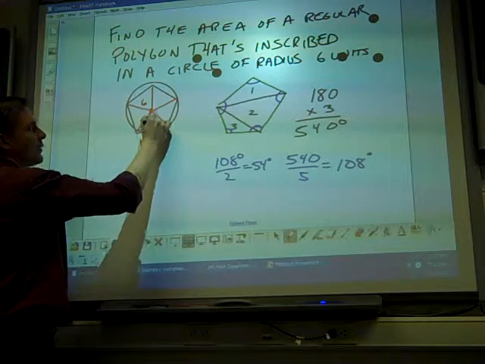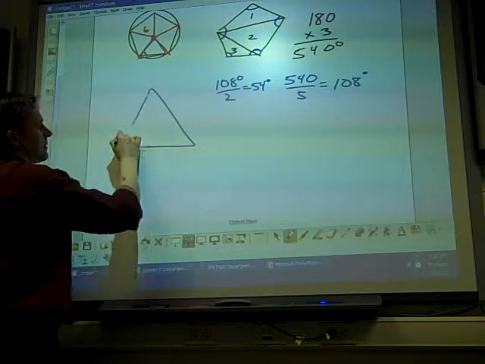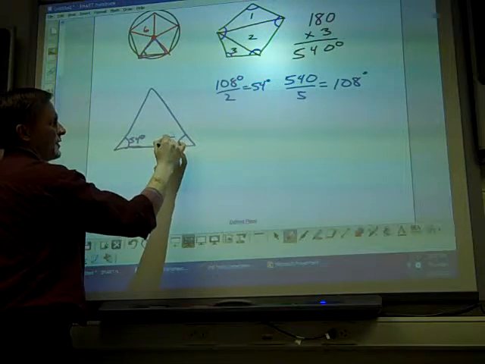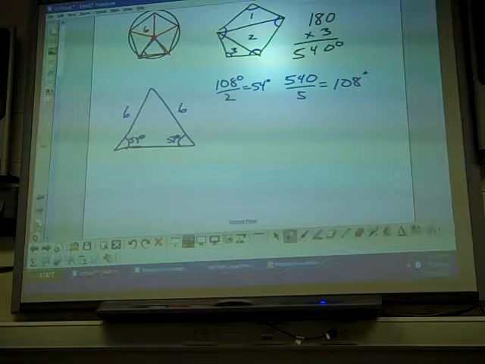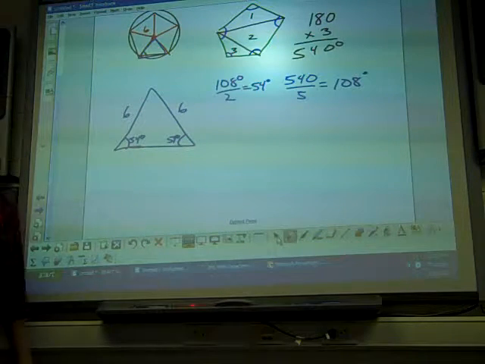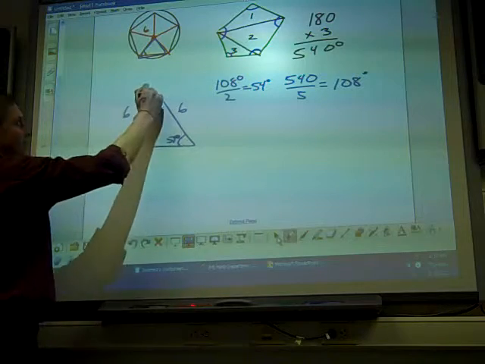So I can blow up this triangle and say, hey, I know this is 54 degrees, I know this is 54 degrees, I know this is 6, this is 6. If I want to find the area of a triangle, what do I need? Base times height.